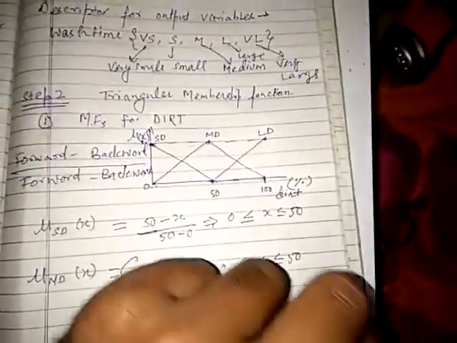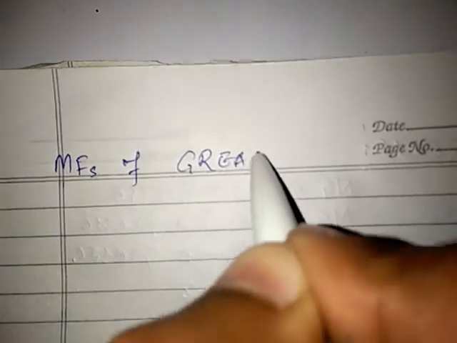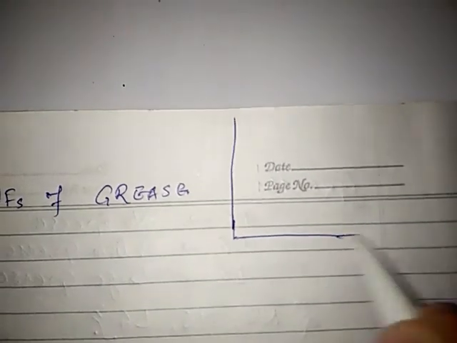That is the concept of the membership function for dirt. And the same way, we find the membership function of grease.